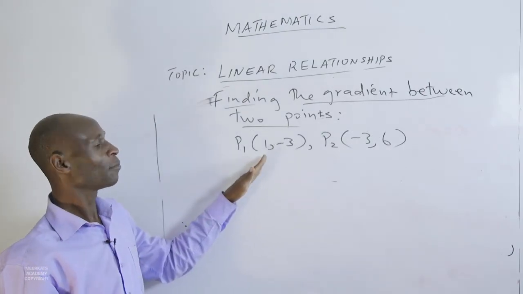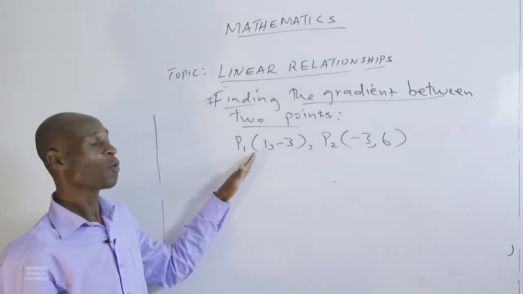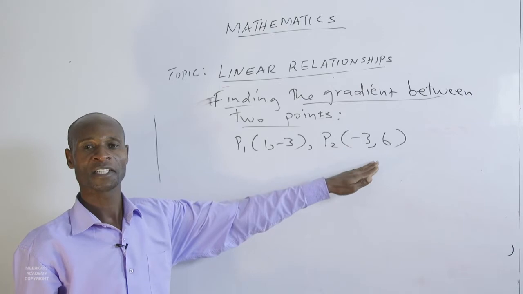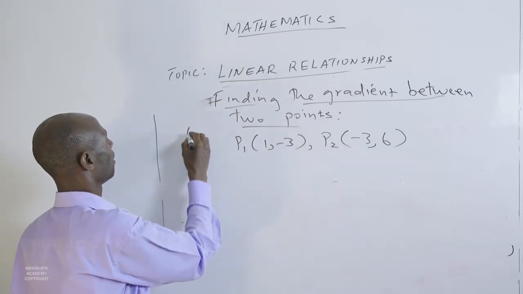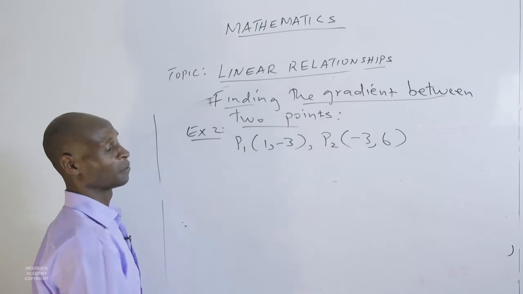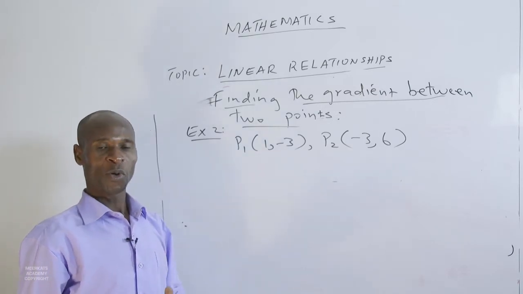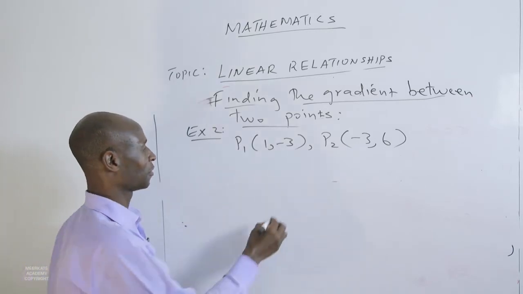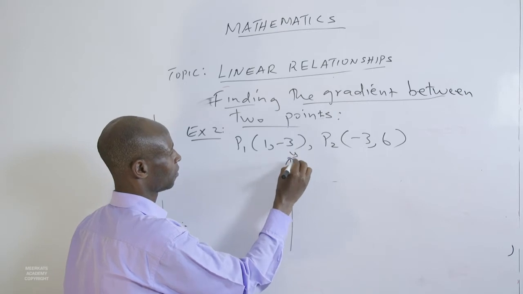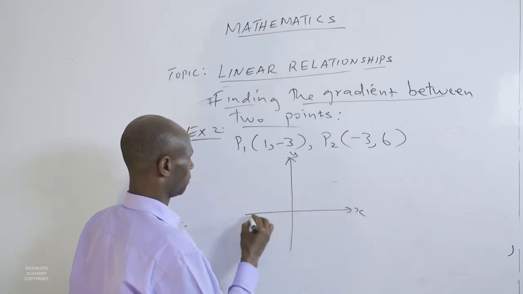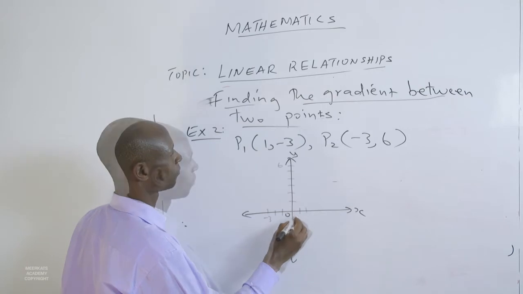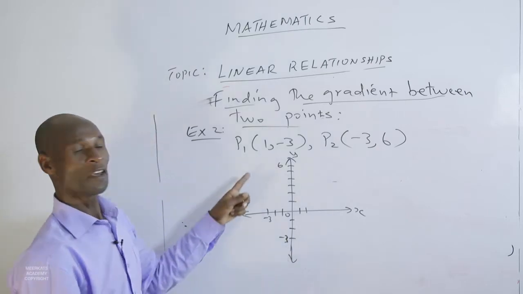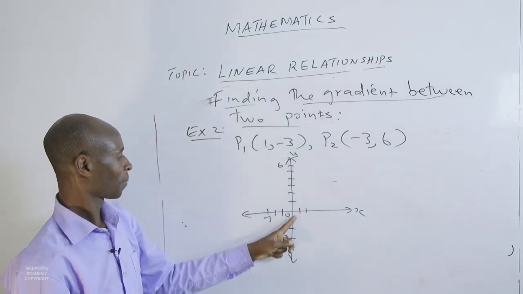Now, let us consider example 2, where the first point, P1, is (1, -3), and the second point, P2, is (-3, 6). To start with, we can represent the 2 points on a Cartesian plane just by a sketch. The first point is (1, -3).